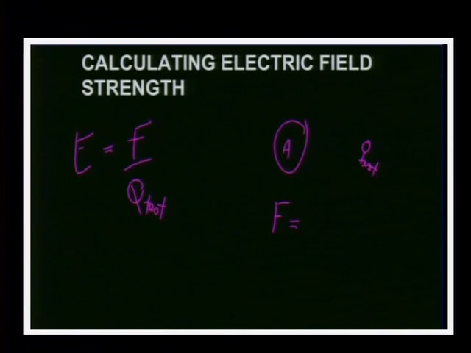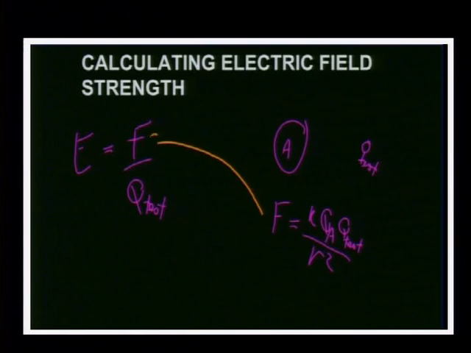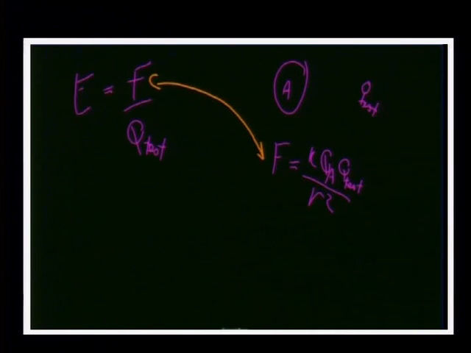The force is K, Q of A, times Q of the test, divided by R squared. But hold on. If I take that F and substitute it into this equation here, wherever I see F, I'm going to put that ugly expression, then look what happens.